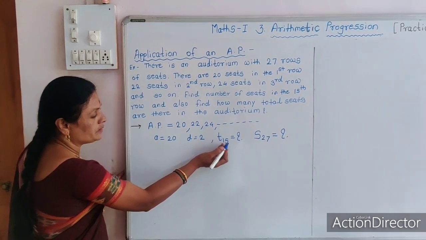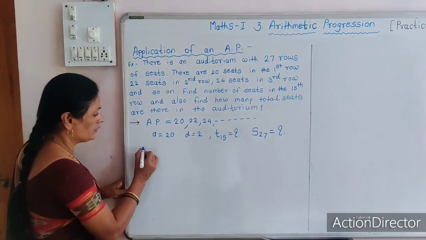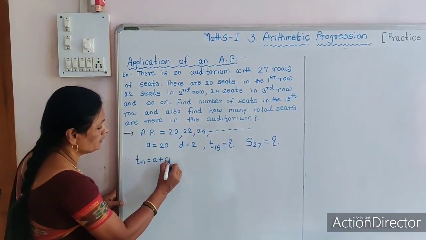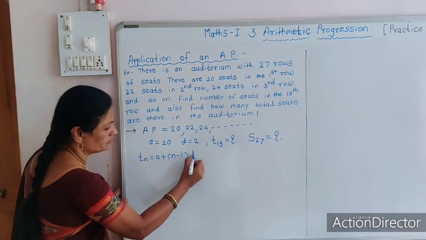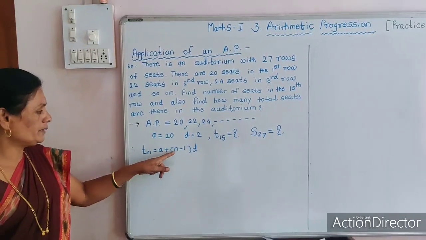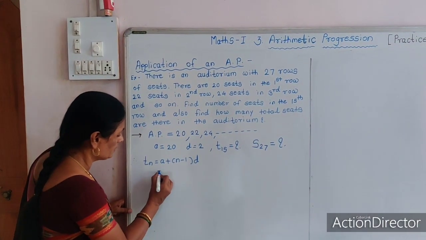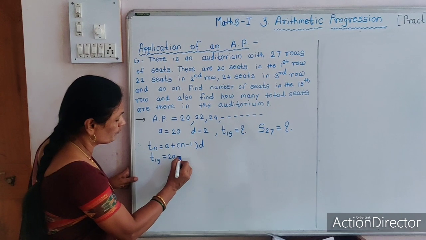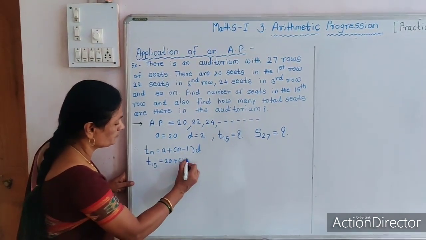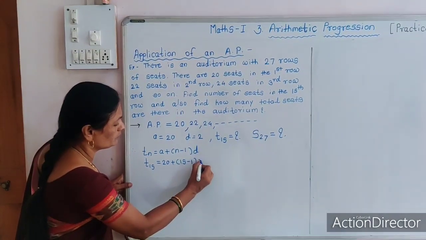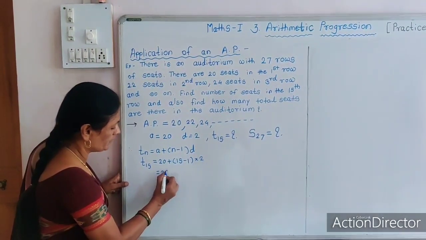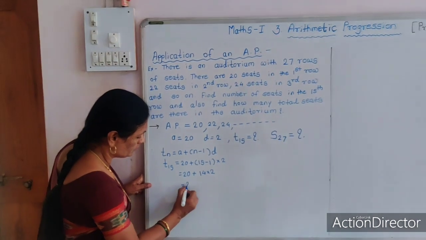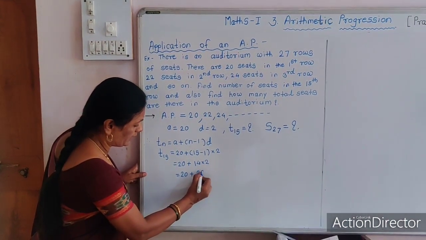Now, first we calculate T15. Therefore we write the formula of Tn. Tn is equal to A plus N minus 1 into D. Here we have to calculate T15. The value of A is 20 plus the value of N, 15 minus 1, into 2, is equal to 20 plus 14 into 2, which is 20 plus 28.